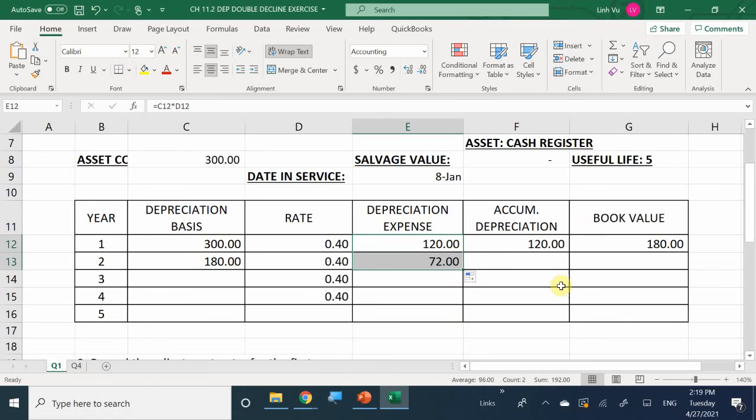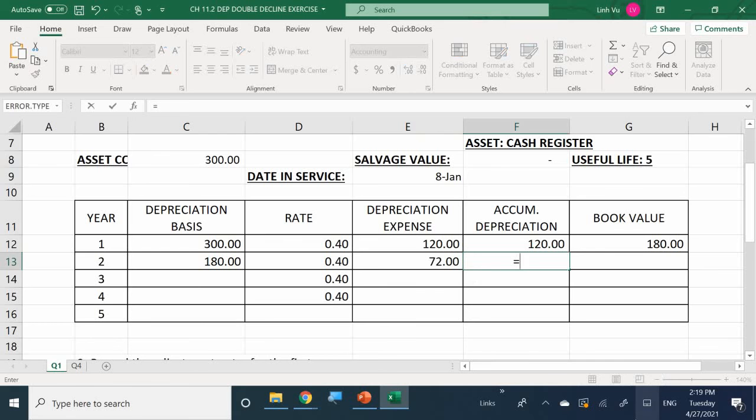72. Good. Therefore, if it's 72, what is going to be my total accumulated depreciation for year 2? 192. Right. We take 120 and add our depreciation expense for that year, which is 72, to bring you a total of 192.